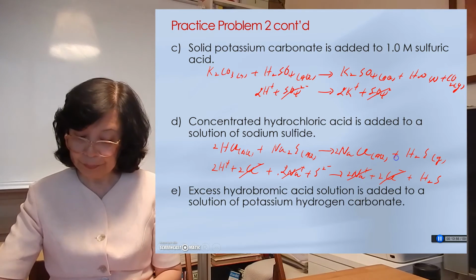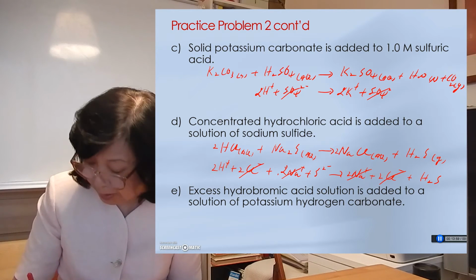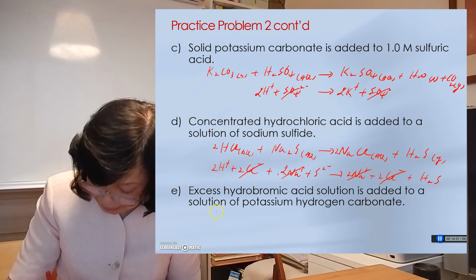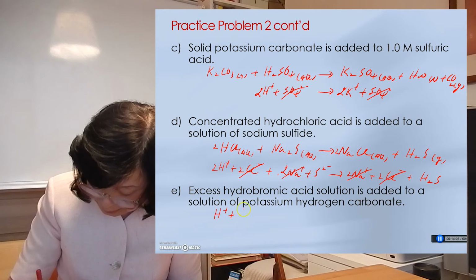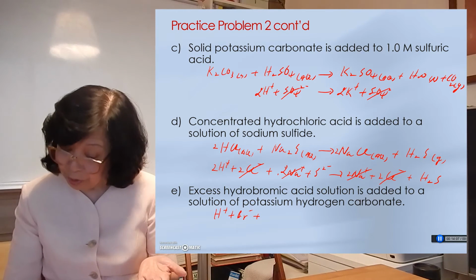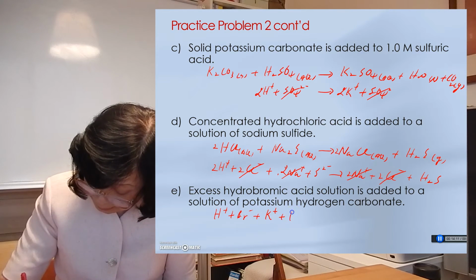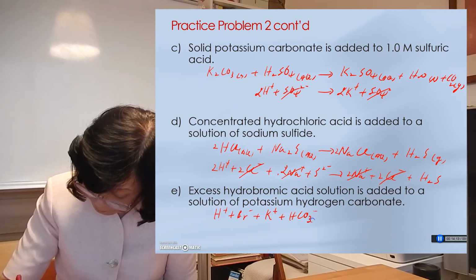Okay. Last one, hydrobromic acid. I'm just going to take the liberty of dissociating H and Br, strong acid. And we have potassium hydrogen carbonate, which is water soluble. So we have potassium ion and hydrogen carbonate ion.